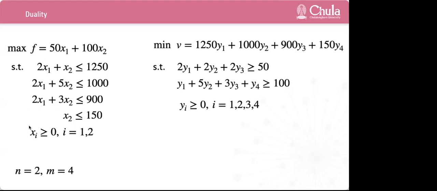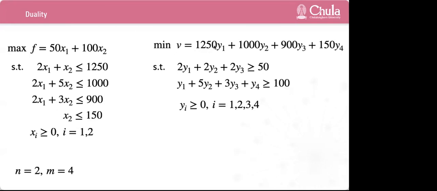We can transform this problem using duality. The dual of this original problem becomes a minimization. You see that the primal problem is a maximization, but in this case the dual is a minimization instead, and the objective function is also different.